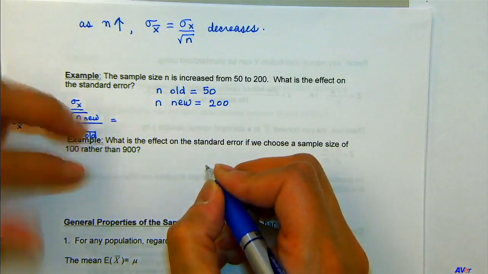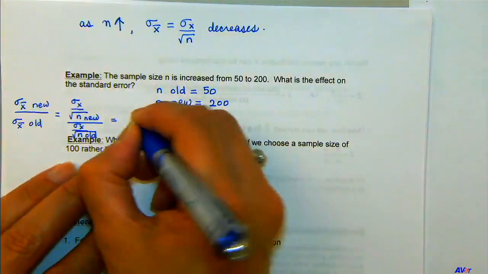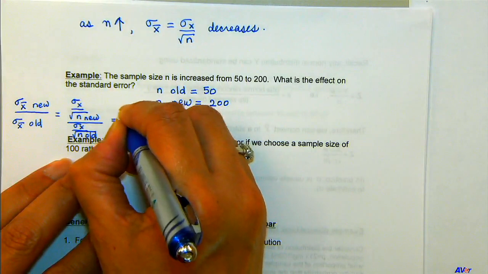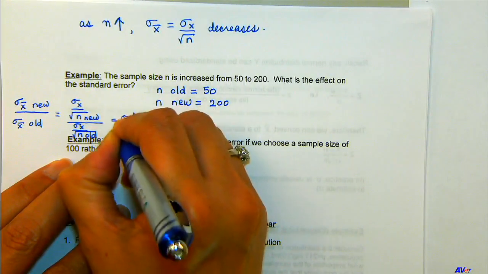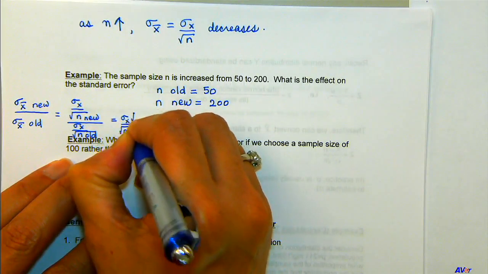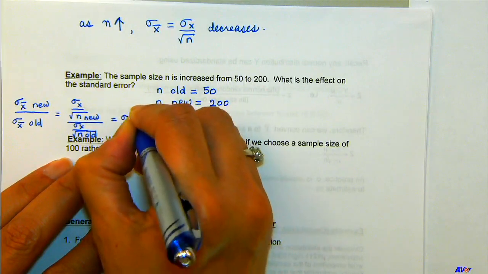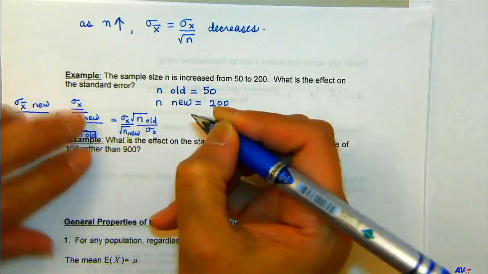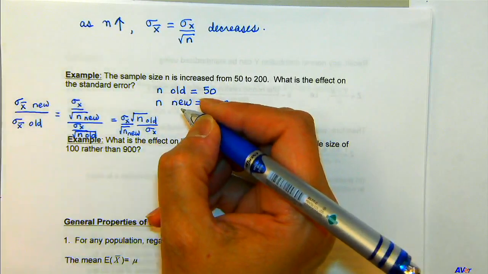So flip this fraction and you get, let me do it the right way, sigma x over rad n new times rad n old over sigma x. All I did was flip this denominator and bring it to the top.